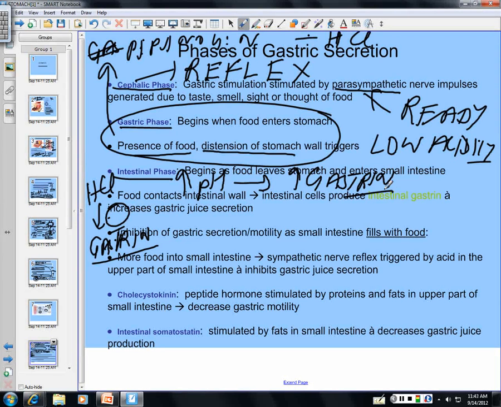So when protein-rich foods enter the stomach, of course, the pH of the gastric contents will increase, right? So protein-rich food has entered, pH will go up. So what will happen? You want to digest the protein. So it will stimulate gastrin secretion, which will stimulate pepsinogen. Remember, pepsinogen is the inactive form, pepsin the active form, and it will also stimulate hydrochloric acid.